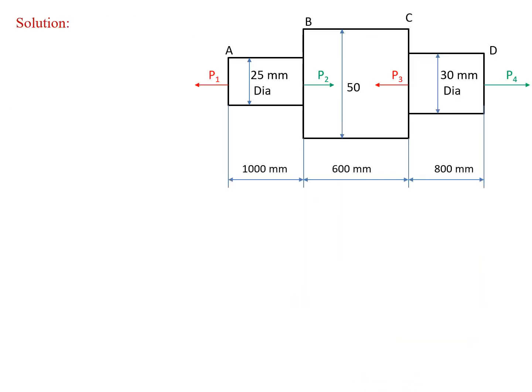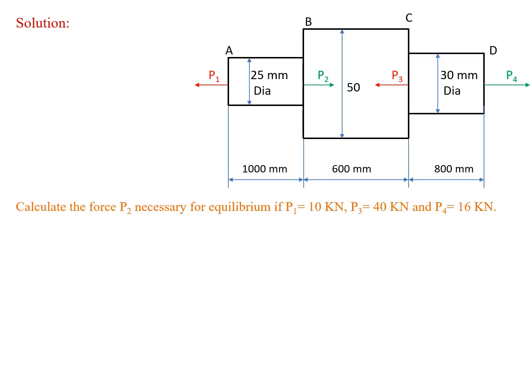In equilibrium condition, we know that the summation of the left hand side forces equals the summation of the right hand side forces. Here in the diagram we have to observe that the left hand side forces are P1 and P3, and the right hand side forces are P2 and P4.